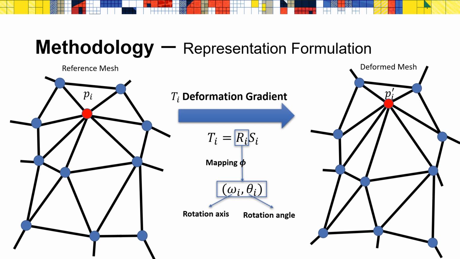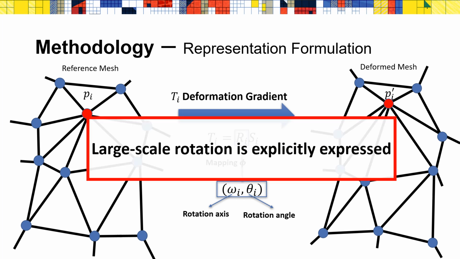The ambiguity of these two variables is that the rotation axis will have two directions, and the rotation angle also has multiple cycles. So here we get the ambiguity. So the idea here is we want to explicitly express the large-scale rotation.